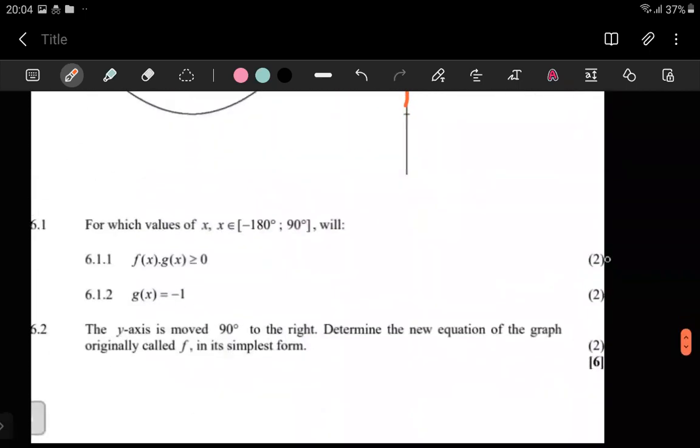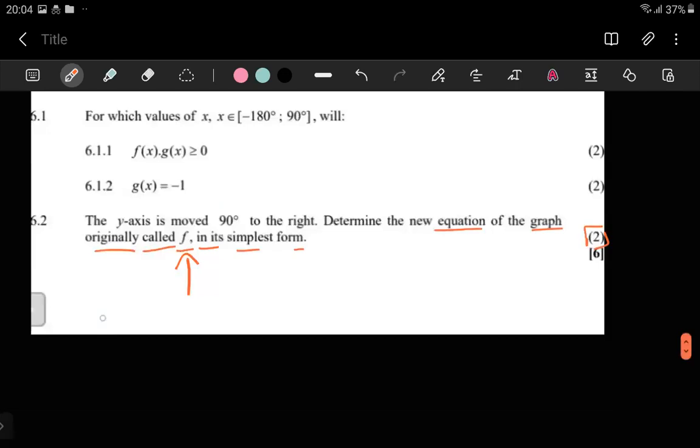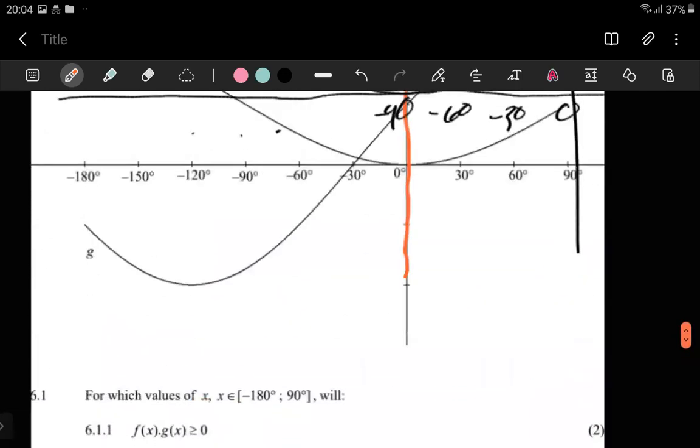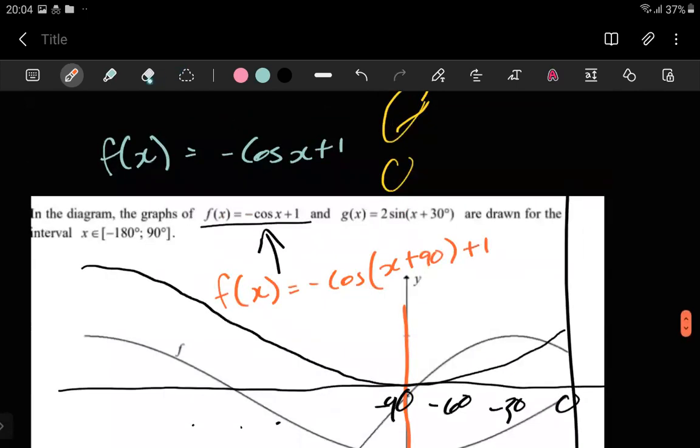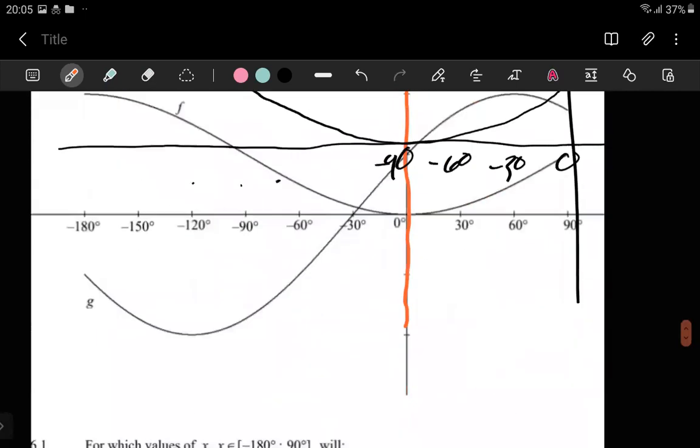The mark allocation here is just a 2-mark question. The only thing that's annoying me is that they said, determine the new equation of the graph, originally called f. The original name is f, but for the new equation, we can just label it y. y is going to be equal to negative cos of x plus 90, plus 1.